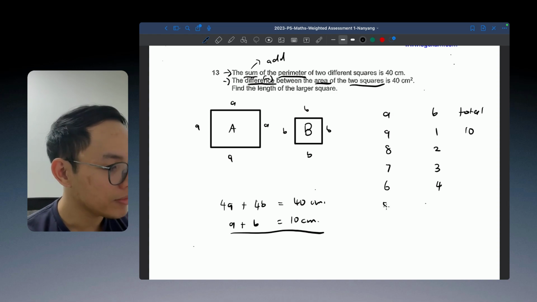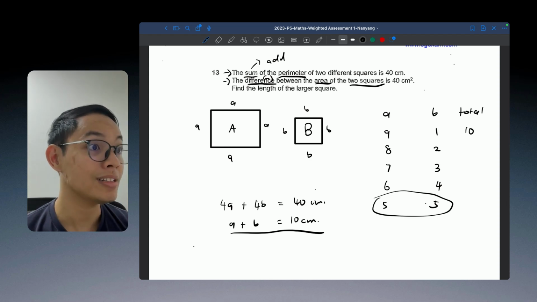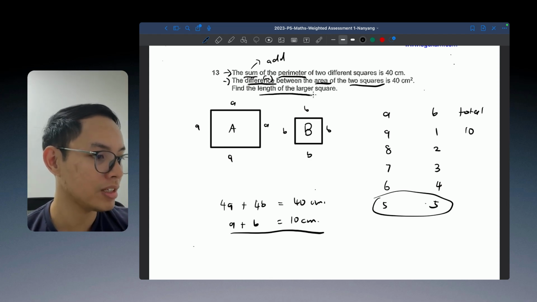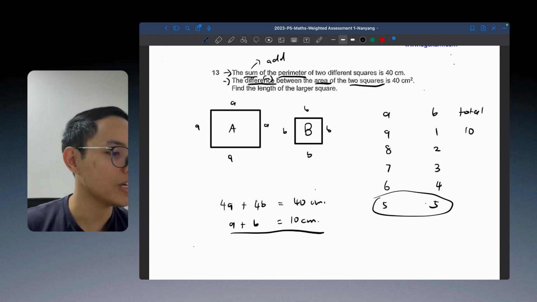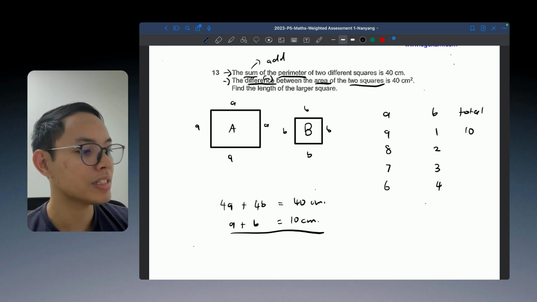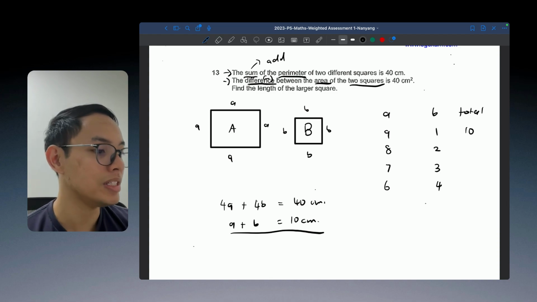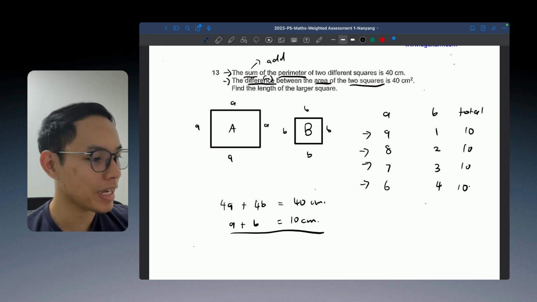Can this be 5? The answer is no, because the larger square and the smaller square are different squares, so we cannot put 5. So the only thing we know is that it can be either of these different combinations, and they all add up to 10. That's what you see over here.